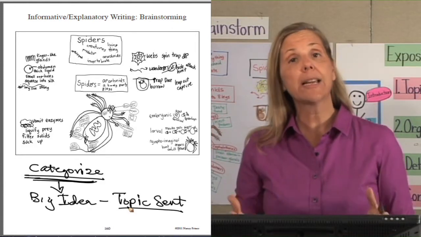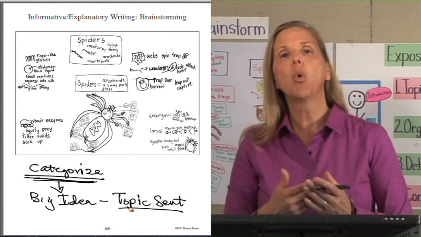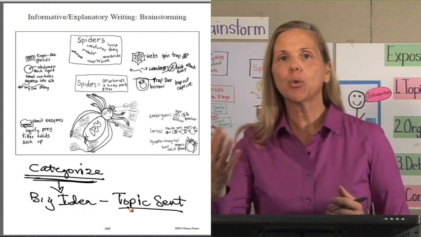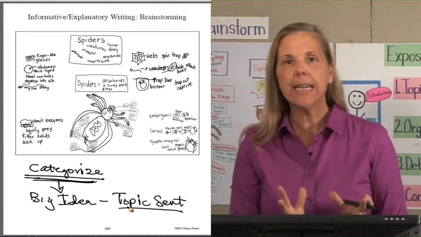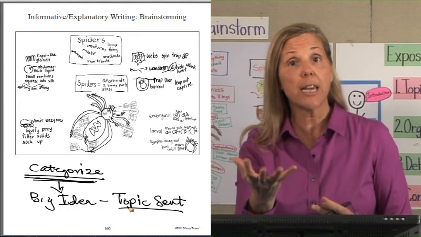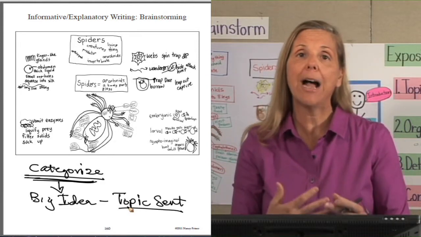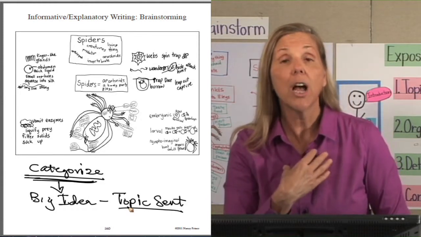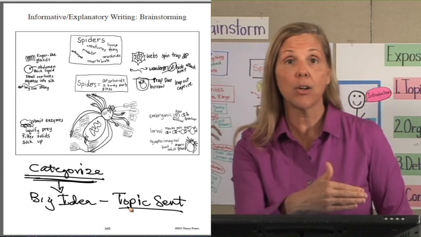This brainstorming technique that I'm about to show you will work at any grade level. Whether you're in kindergarten through 6th grade, I can take this activity. The children will be telling the information that they know, and I will be showing them how to categorize and organize it on the paper. At first, I will start making the categories.